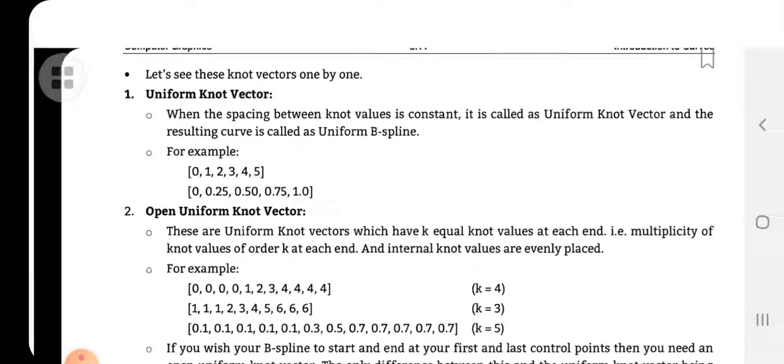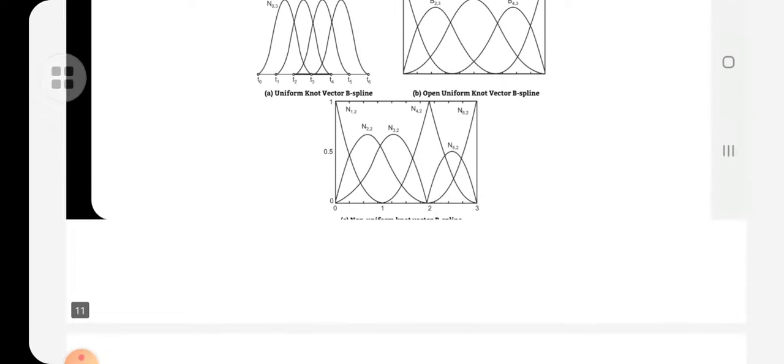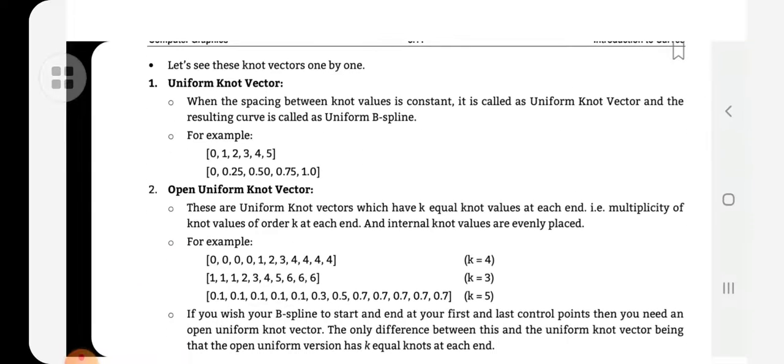The uniform knot vector is when the spacing between the knot values is constant, and the resulting curve is called a uniform B-spline.